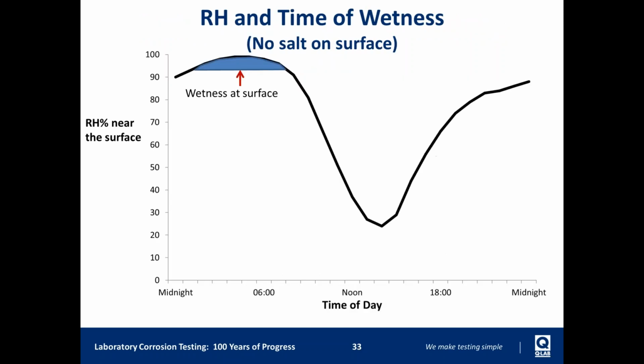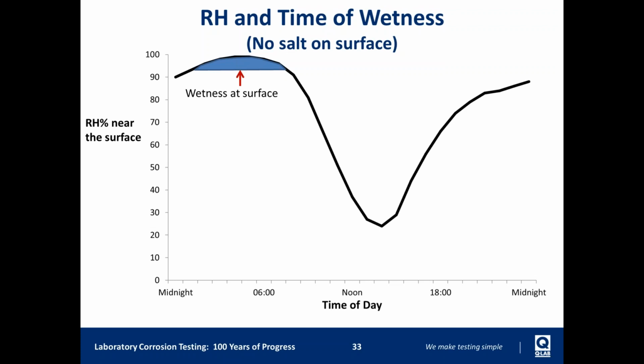Let's say this is a regular day outdoors where you see time of wetness for a material. With no salt applied, materials are wet for about 6 to 12 hours a day, I think we've got about 8 hours here, and that's just from condensation.